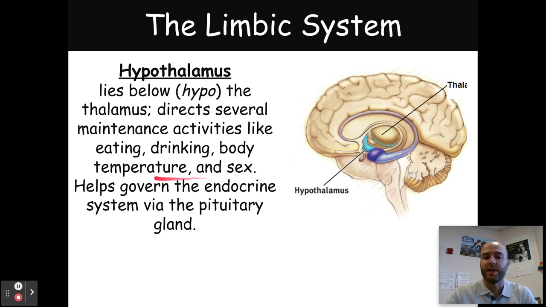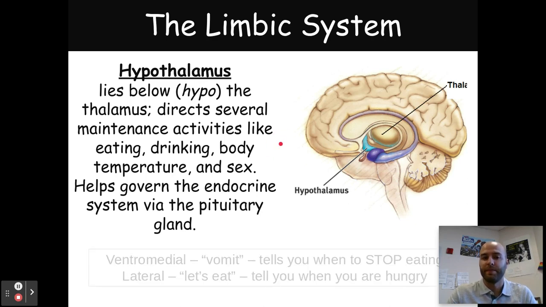It helps govern the endocrine system via the pituitary gland, right? And it helps release those hormones through the pituitary gland that we might need to regulate things like hunger, desire to eat, sex, thirst, right? So it's a very, very important structure in regulating our body and keeping it at what we call homeostasis, right? The proper temperature, satisfied in eating, drinking, things like that.